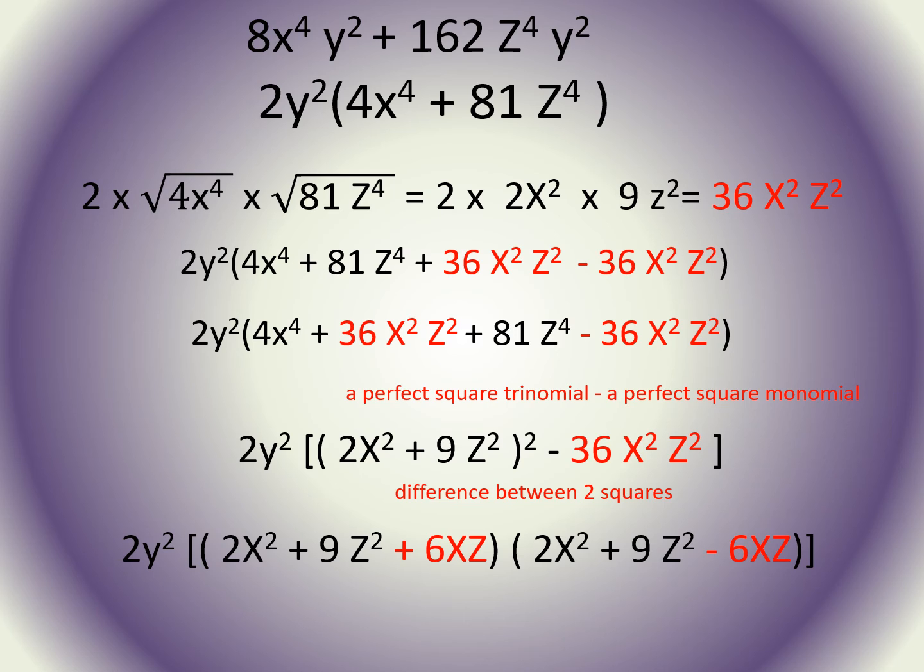The last example, 9x power 4 plus 2x power 2 plus 1. Firstly, we will neglect the second term, the middle term, and we will look to the first and the last term.